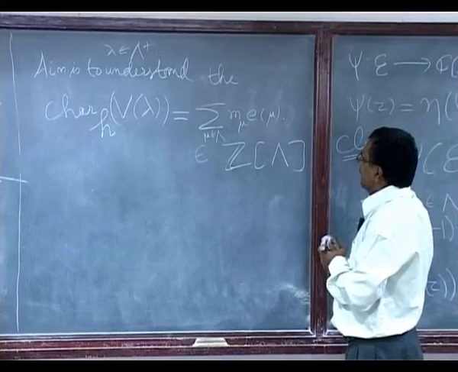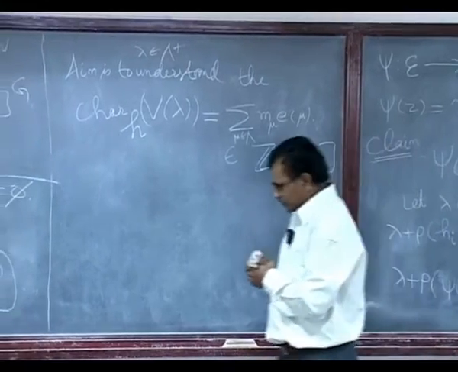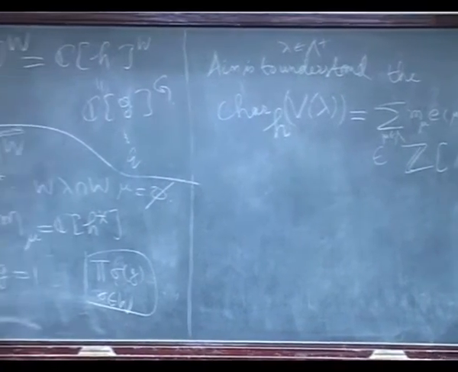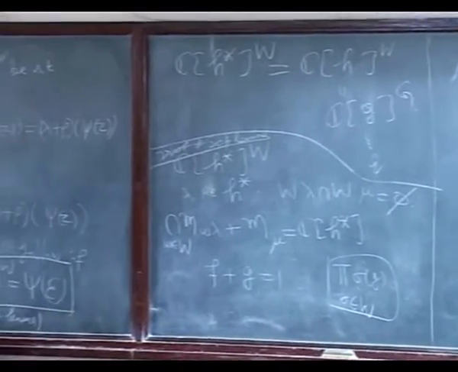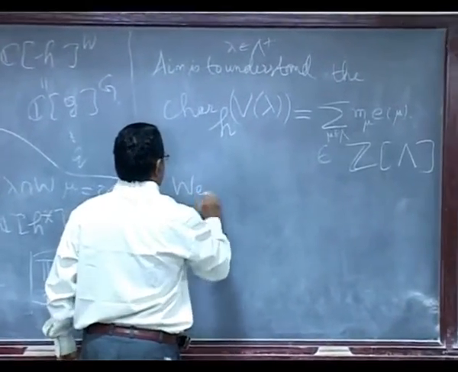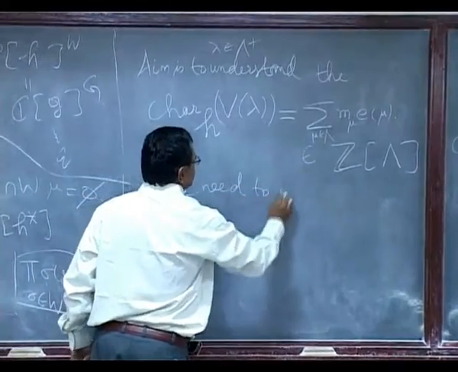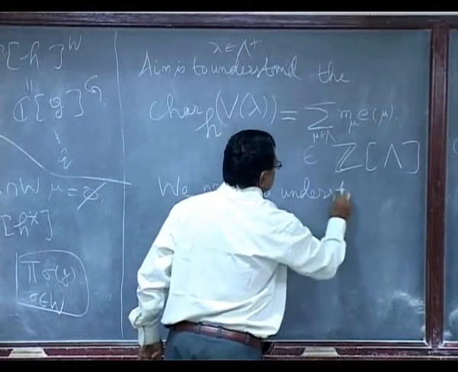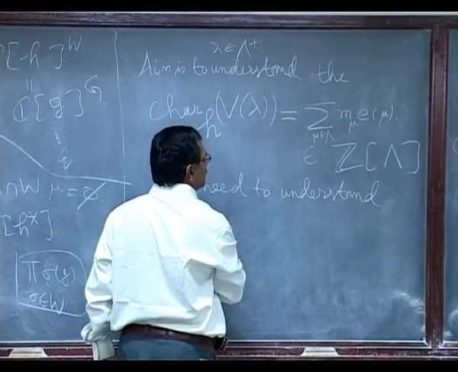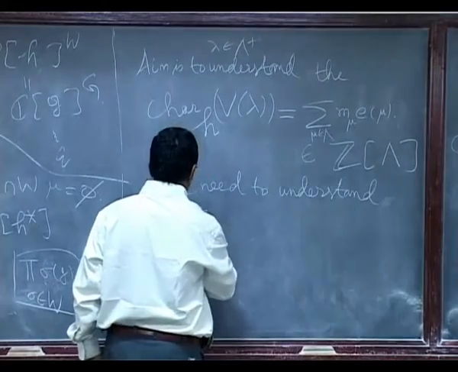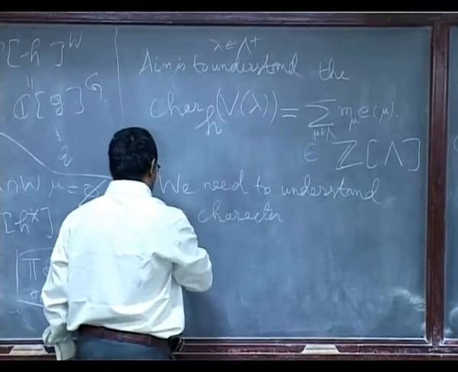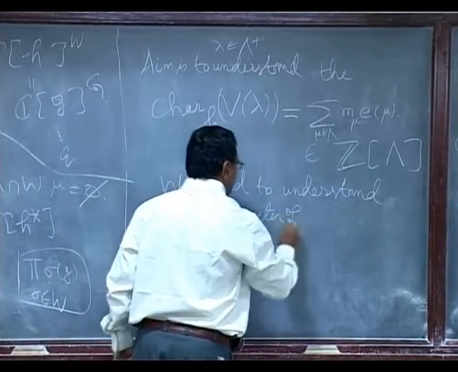But to understand this, they use a certain composition series from Z lambda and then use this. So that way we need to understand the formal character of Z lambda.